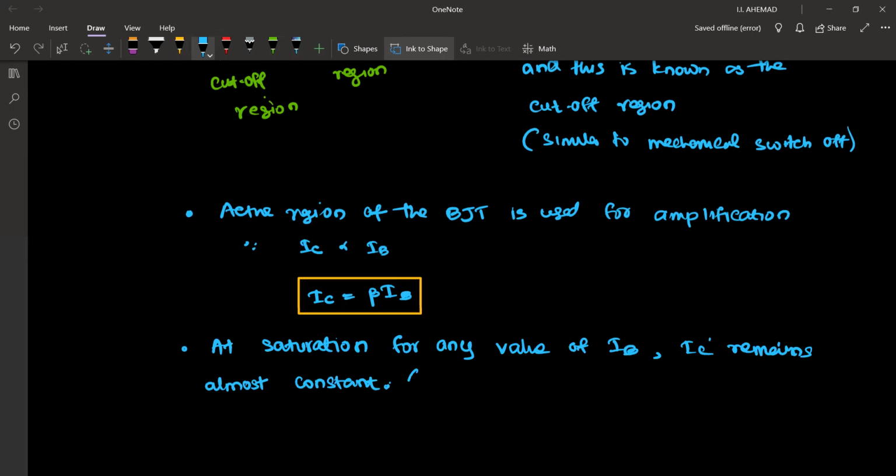So there is no variation. So this is similar to the mechanical switch on state.